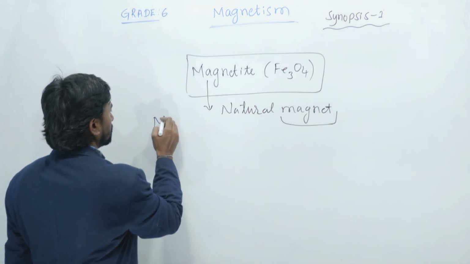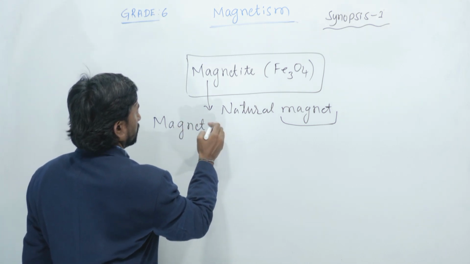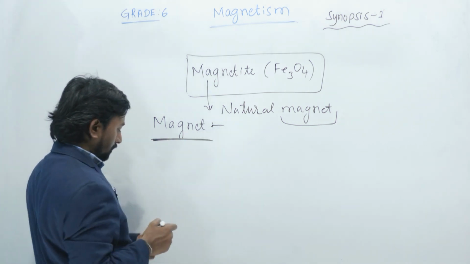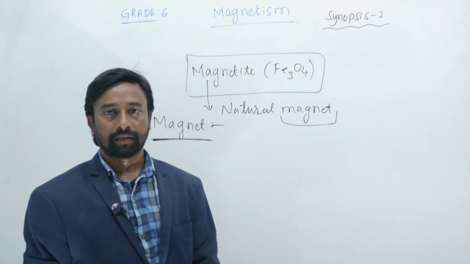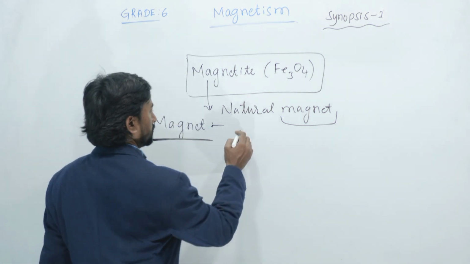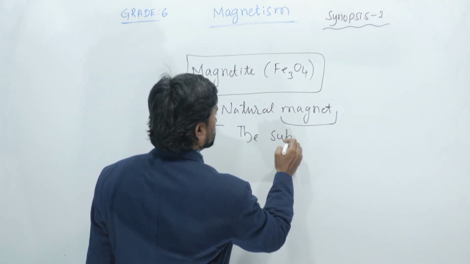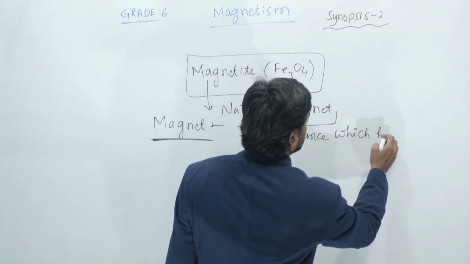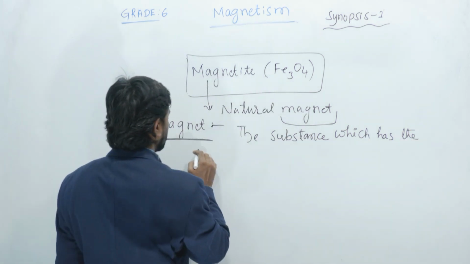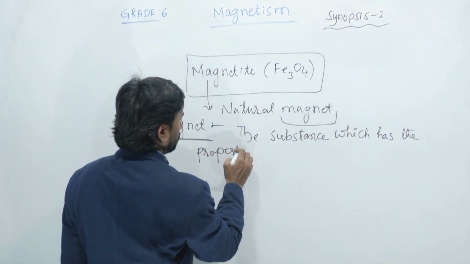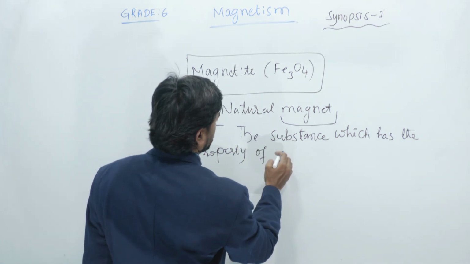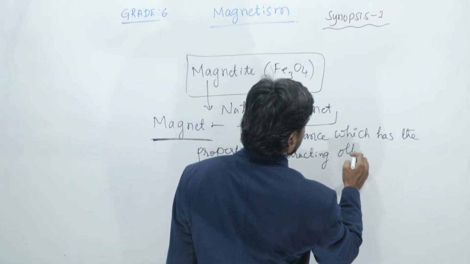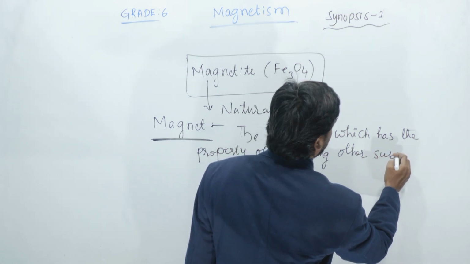So what is a magnet? A magnet is a substance which has the property of attracting other substances, the magnetic materials, towards it.